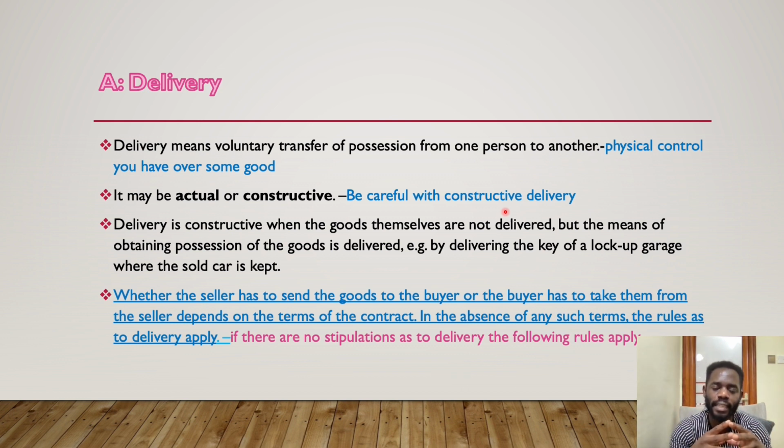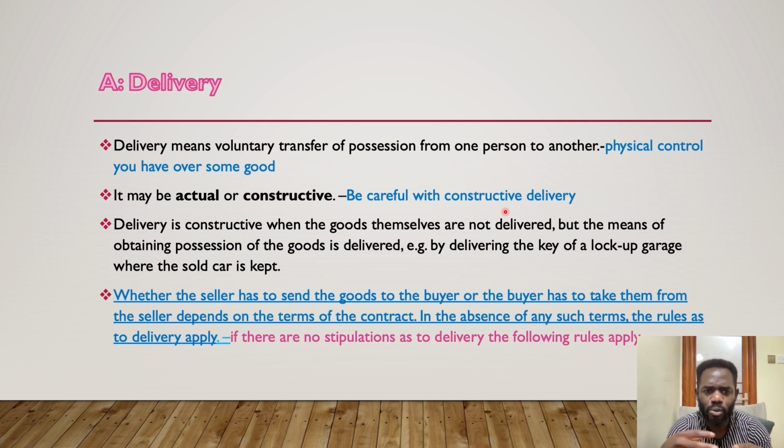An example here would be that if Rogers sells cars in Nairobi and has sold a car to James, constructive delivery would be that Rogers, who has locked up the place where the cars are parked, gives the key to James and tells him, the car you bought, you can go open that garage, then you'll have access to it. That is constructive delivery. Rogers has actually given James the means of obtaining possession of the car he sold to him.